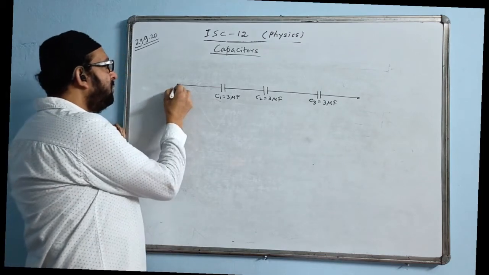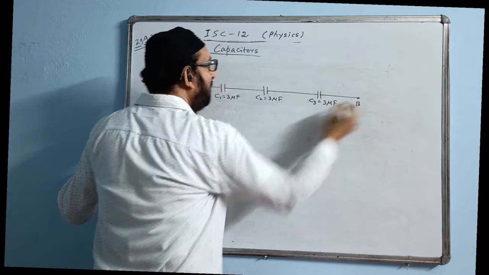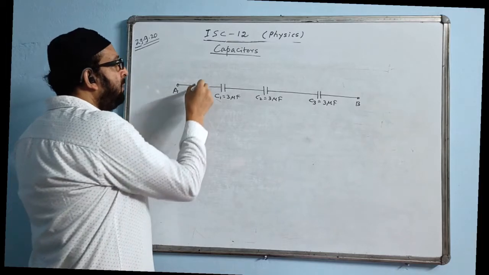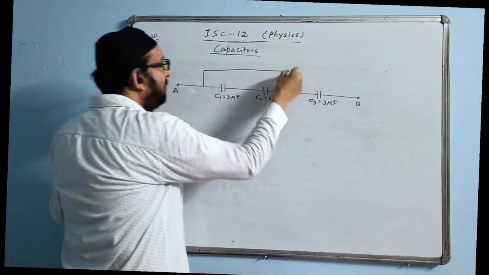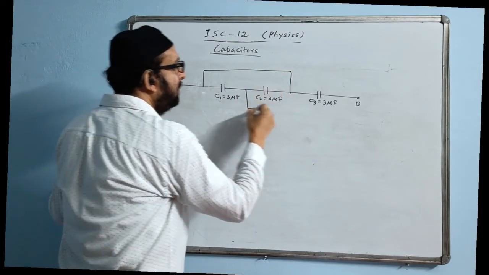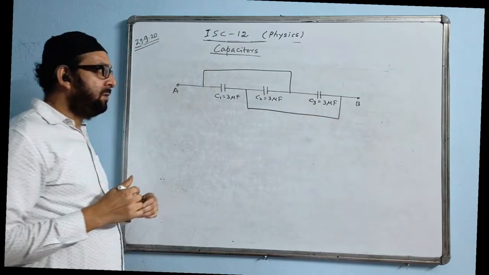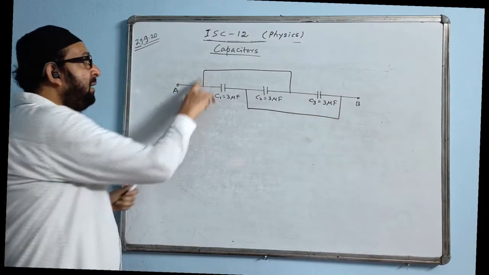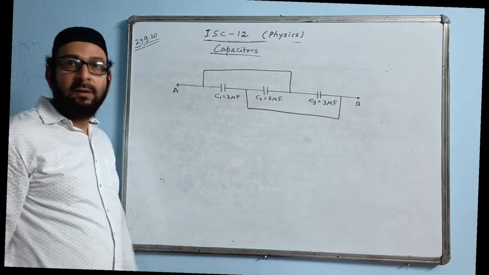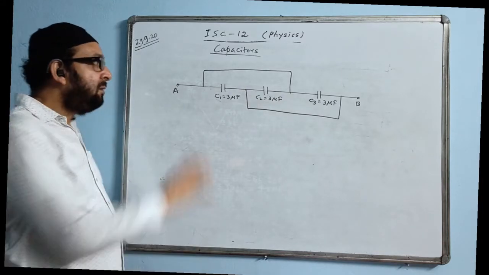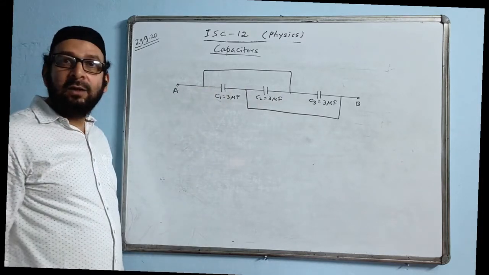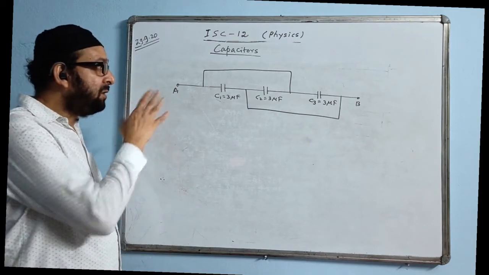But that is not the question. The question is something different. Just see how they have given the question. They have drawn a line like this, and this line is given. Now the combination will change. It was looking like series, but now the combination will be different.